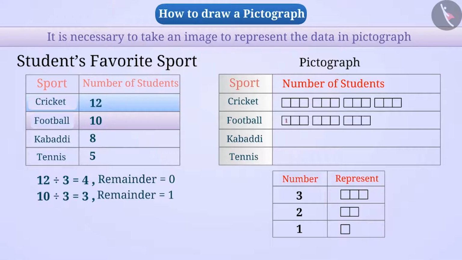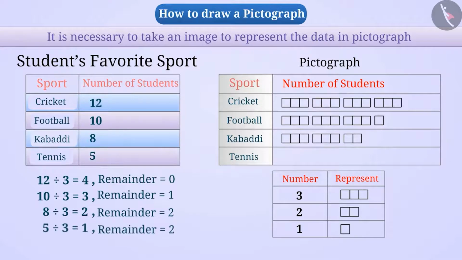So, we will show 9 by drawing 3 complete images and use this image to show the remaining 1. Similarly, 8 divided by 3 is equal to 2, and the remainder will be 2. In this way, we can represent 8. Similarly, we can represent 5 in this way. Thus, we have completed the pictograph.